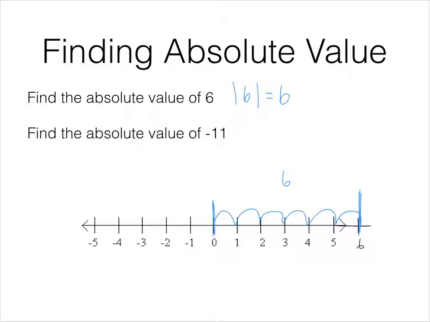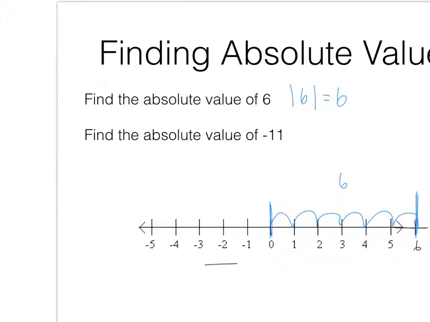Next one, absolute value of -11. Okay, this one we're going to kind of have to imagine. I'm going to move my number line over a little bit so I can extend it. So if I had -11, that would be -6, -7, -8, -9, -10, -11 if I extended my whole number line here.